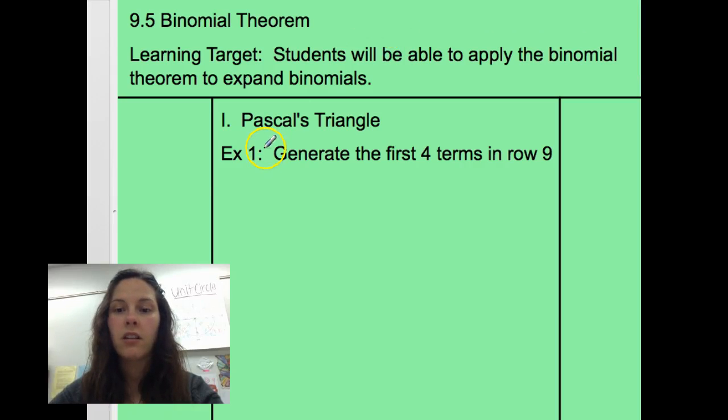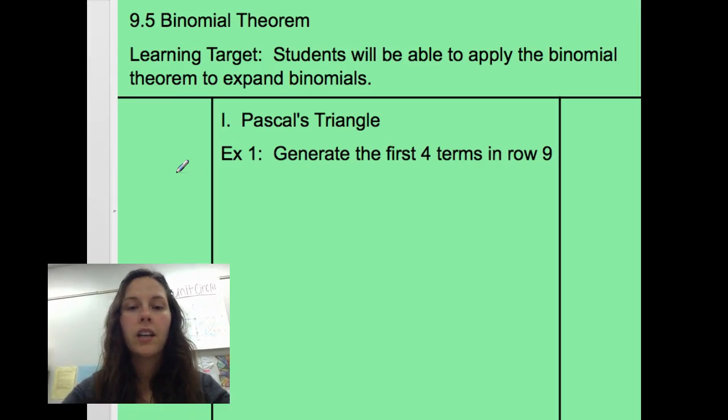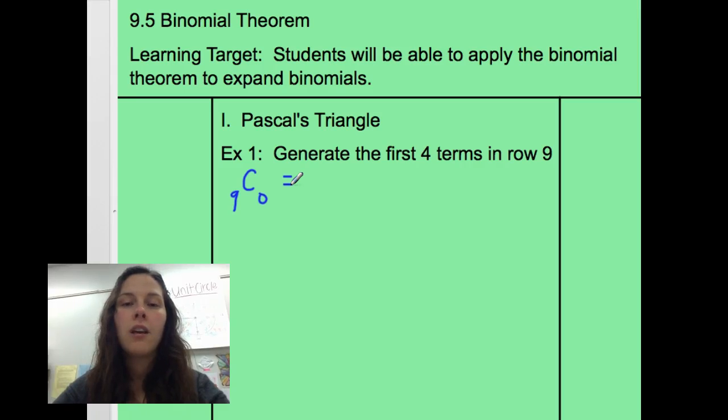All right, so first we're going to start just by taking a look at a few terms in Pascal's triangle. So generating the first 4 terms in row 9. So we're in row 9, so we start with 9C0. The first term is actually the 0th term. When you do that formula, and I'm not going to work that out right now, but we will see it on the assignment, and we can look at it with our warm-up as well.